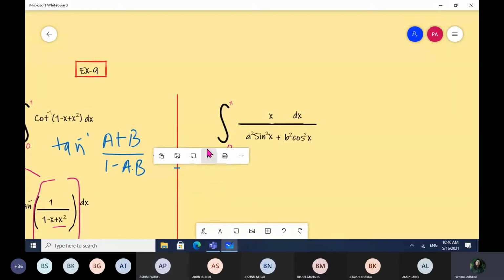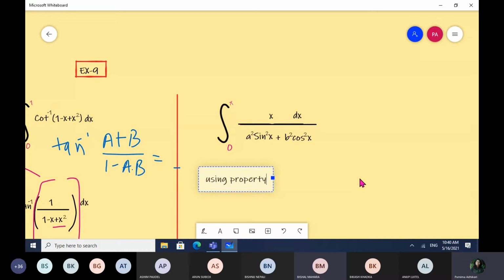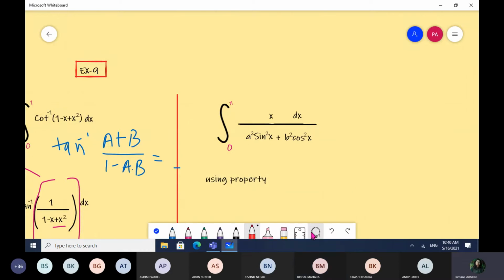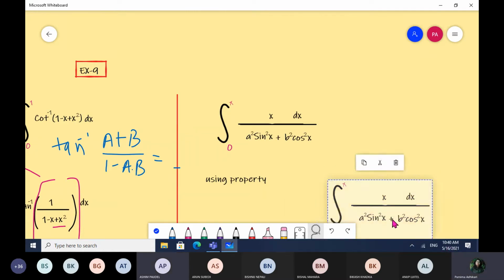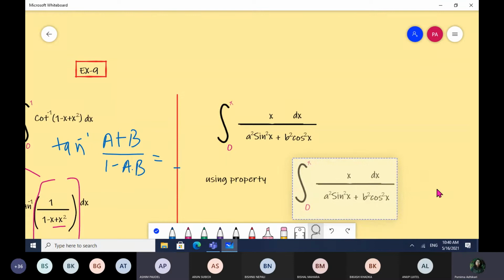Okay, so what are you going to do? You are going to use property. Using property, you can write whole this expression. यो जुन expression छ यसलाई कसरी लेख्न मिल्यो. माथि pi minus x आउँछ अनि denominator मा चाहिँ सबै same हुन्छ.